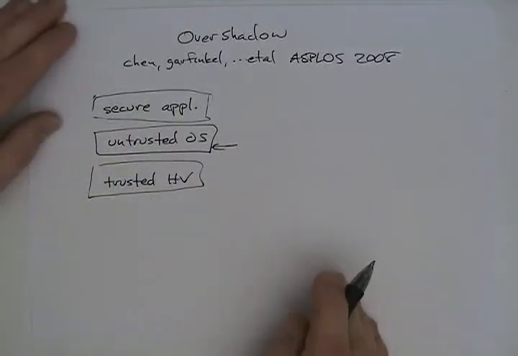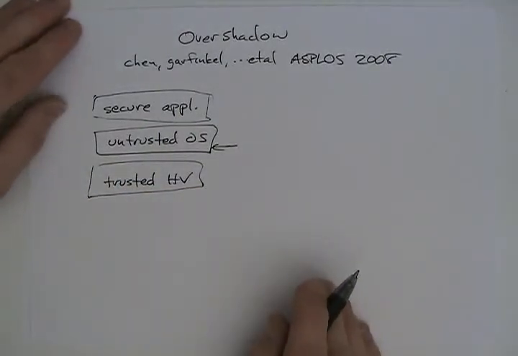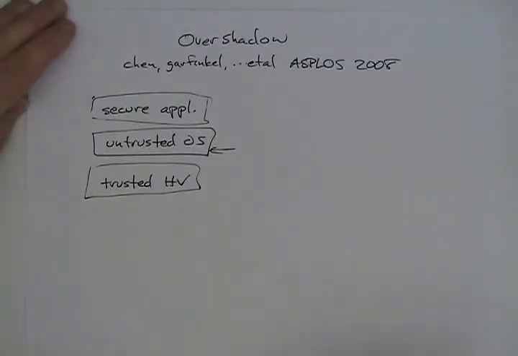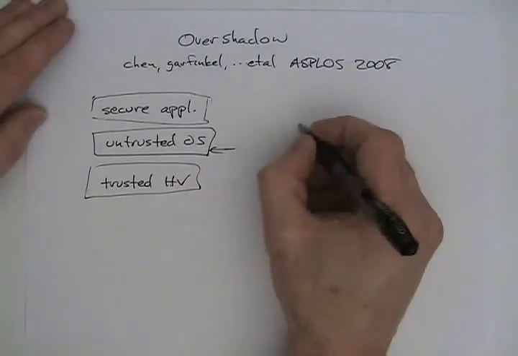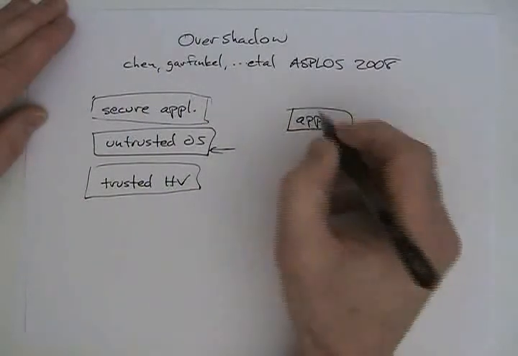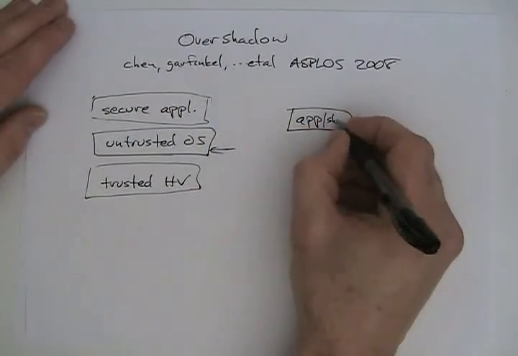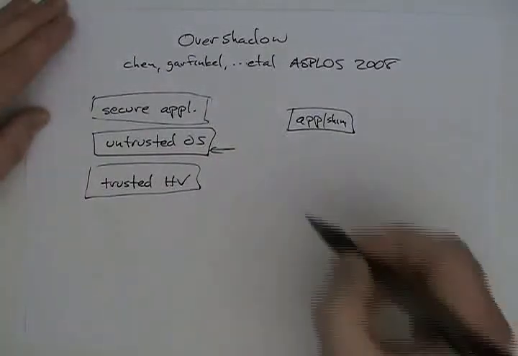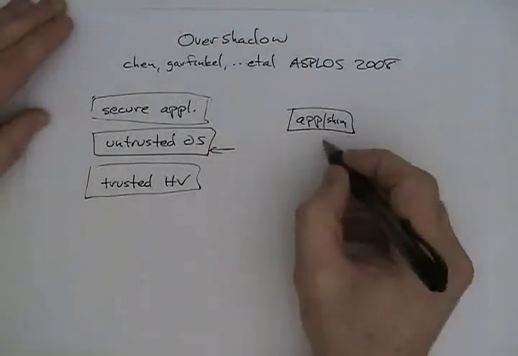And the way this was done was basically that the application started up with what they called a shim, a small application.